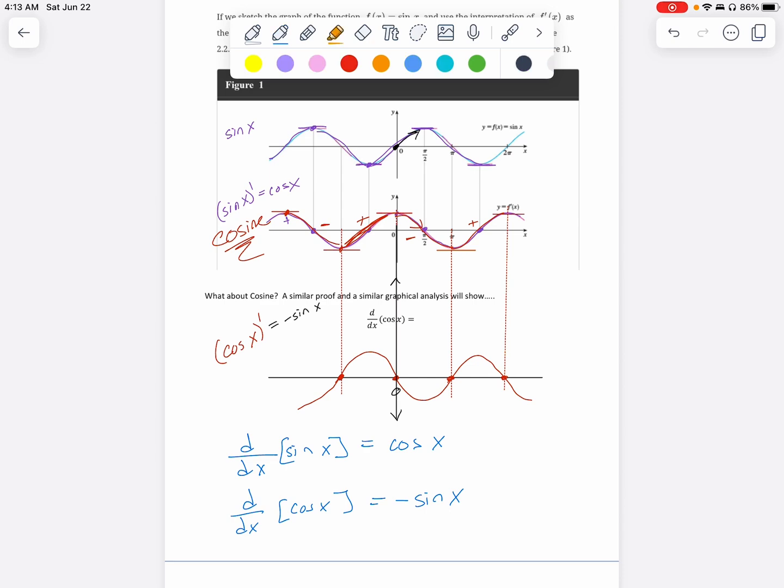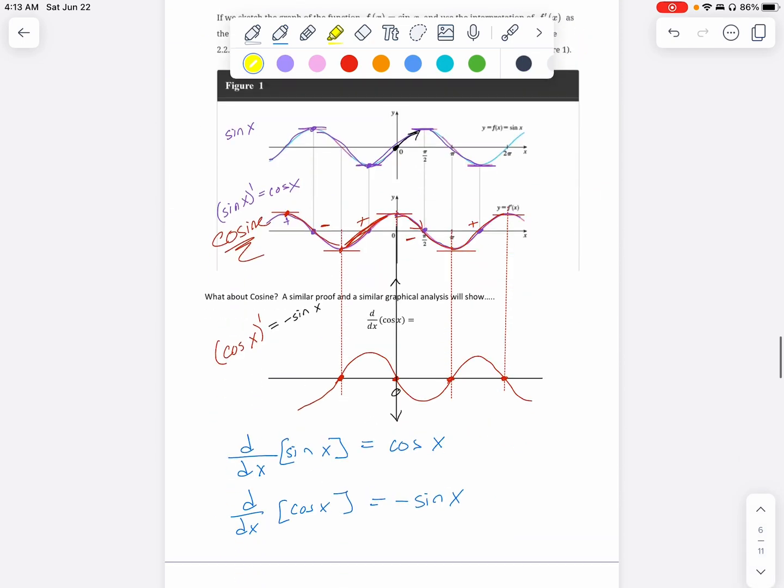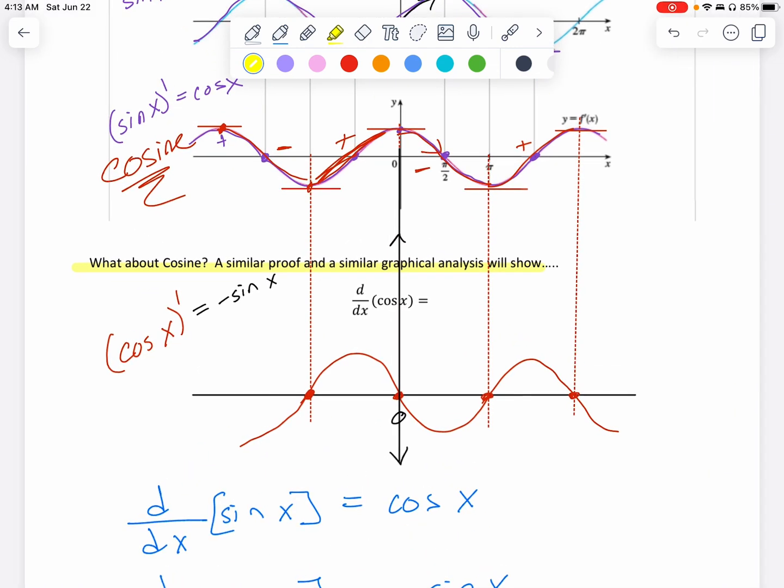So this similar analysis and also a proof similar to what we did on the previous page, which was also included in your book, will show that the derivative of cosine of x is actually negative sine of x.